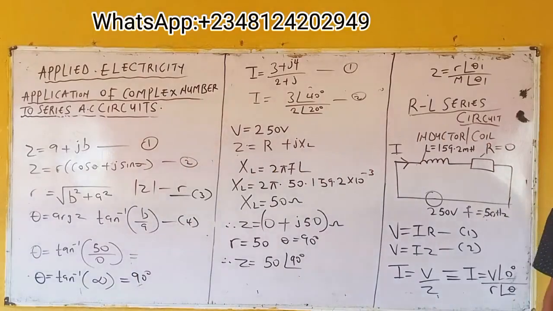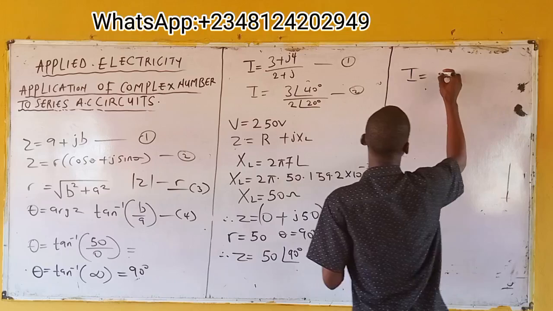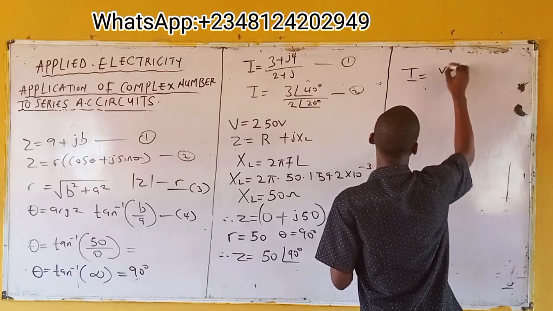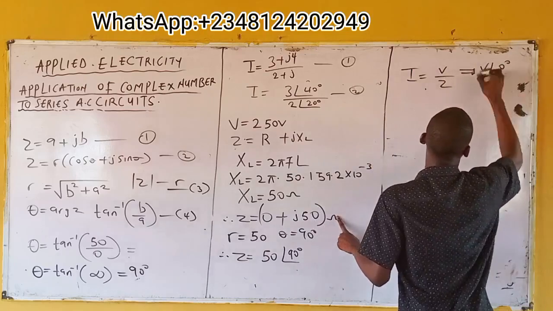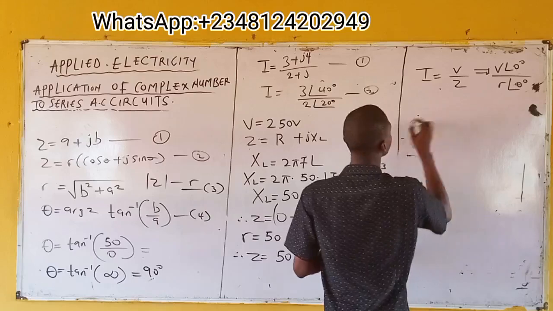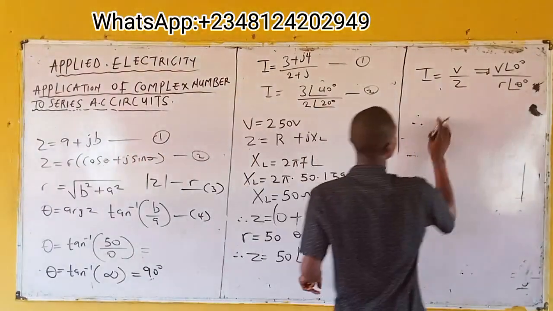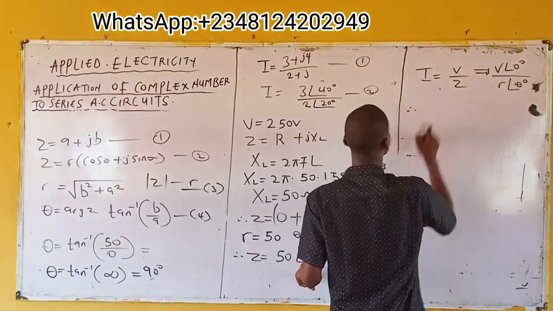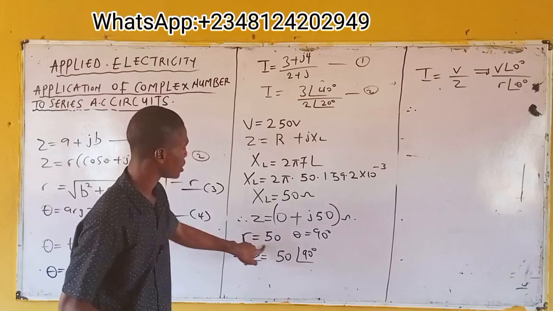Any question? Now substitute. Equation 3, which is I, is equals to V over Z, implies V at 0 degree over R at theta degree. Now substitute the value of R and theta. Now our unknowns here are what? You already know V. V is 250. R is 50 and theta is 90.